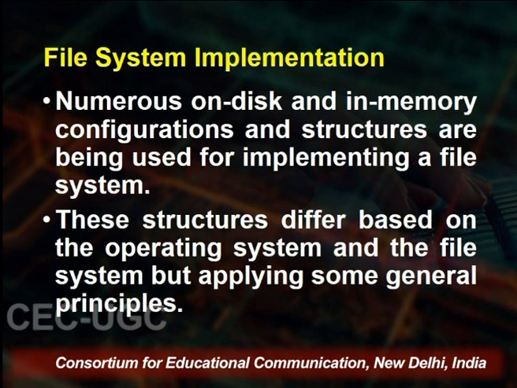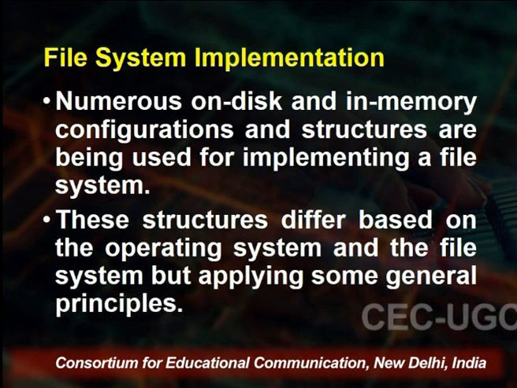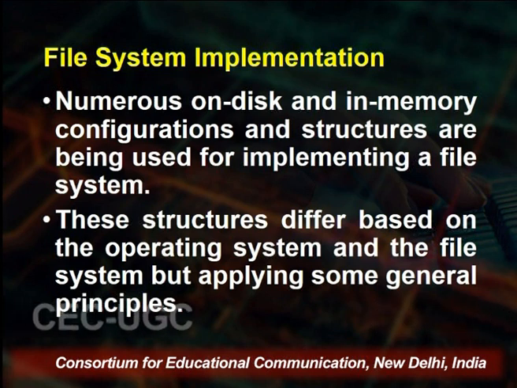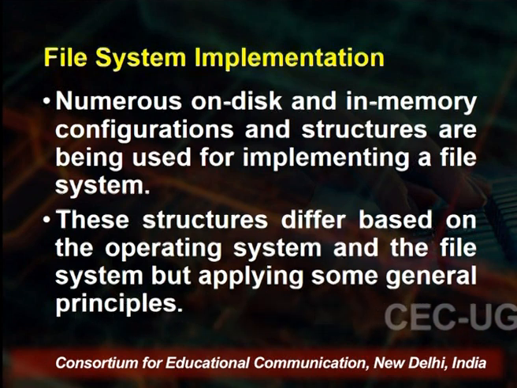Now, in order to implement a file system, there are various configurations and structures available on disk and in memory which are used for implementing a file system. These structures and configurations differ on the basis of the operating system and also the file system to be implemented, but they all have some general principles.